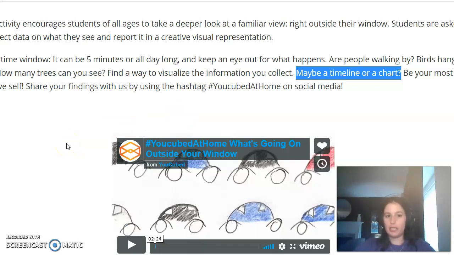It's not just telling me that you saw 5 cars go by and you see 3 trees. It's actually turning your information into a graph.